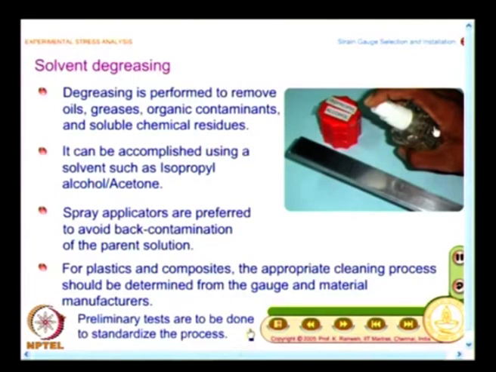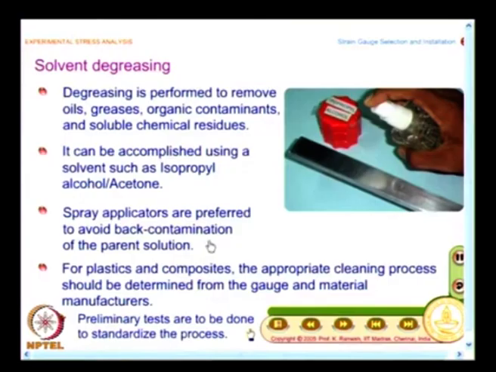The recommendation is you have the cleaning liquid in a sprayable type of container. If you spray the cleaning liquid, the parent liquid is not contaminated. Though it is a simple step, attention to detail is very important. You can do the cleaning with isopropyl alcohol or acetone, and as I mentioned earlier, spray applicators are preferred to avoid back contamination of the parent solution.